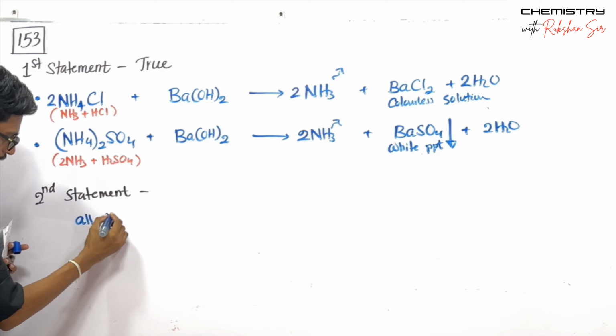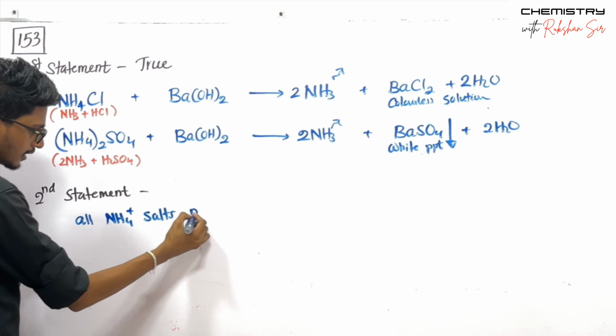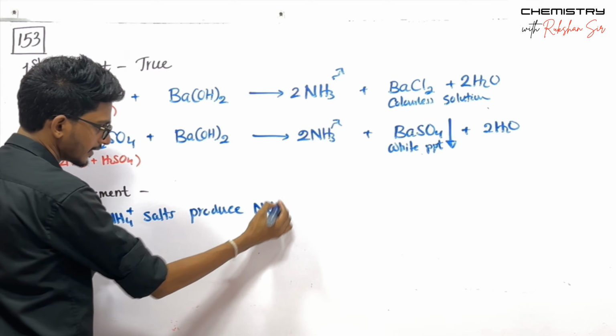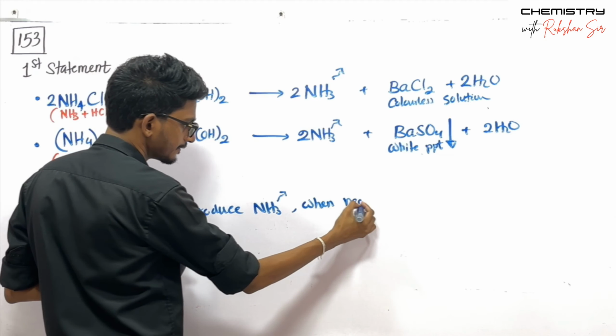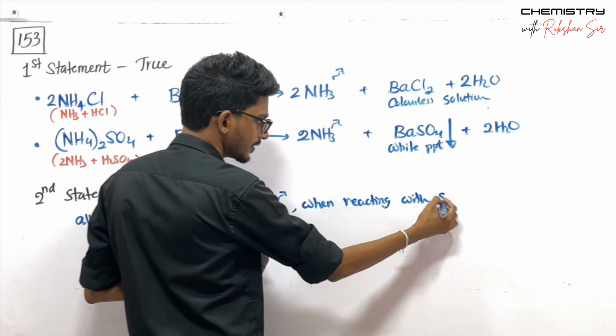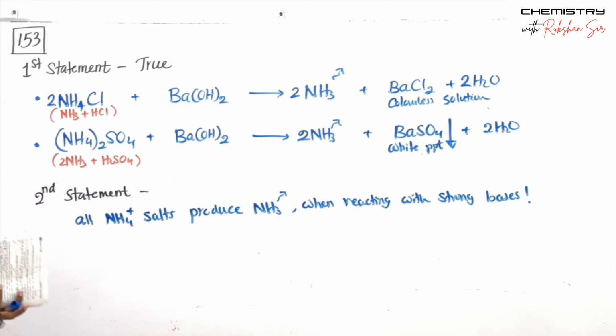All ammonium salts produce NH3 gas when reacting with strong bases, right? Barium hydroxide is a strong base.